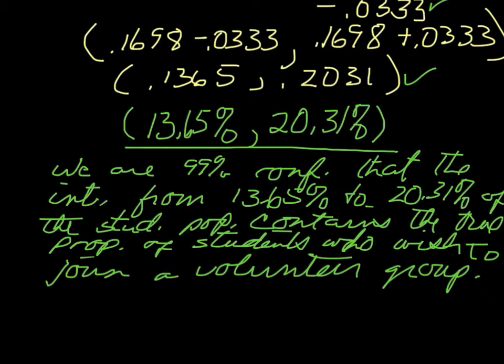Okay? Now notice how we're confident that the interval represents or contains the true proportion of those who wish to be in a volunteer group. So it refers back to the original problem. This is what I want you to do on every part of this assignment.